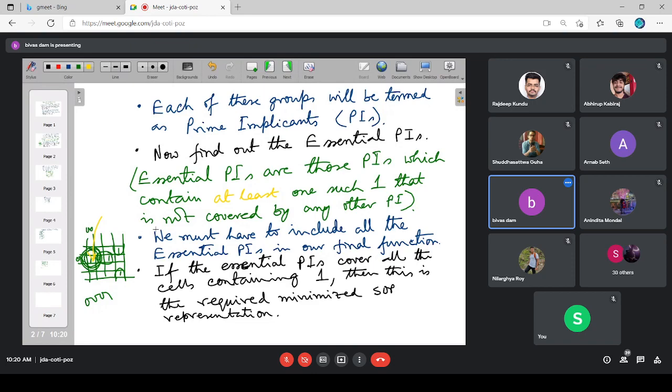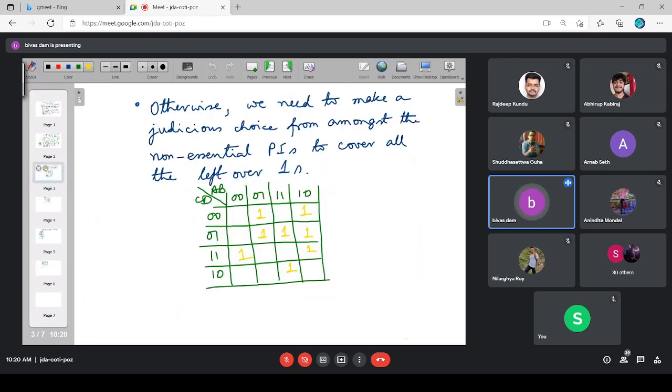So that's what I have written here. Otherwise, you need to make a judicious choice from amongst the non-essential PIs to cover all the leftover cells containing ones.